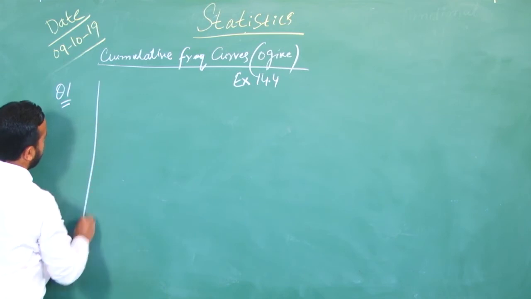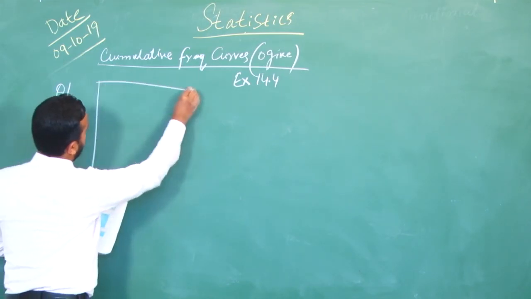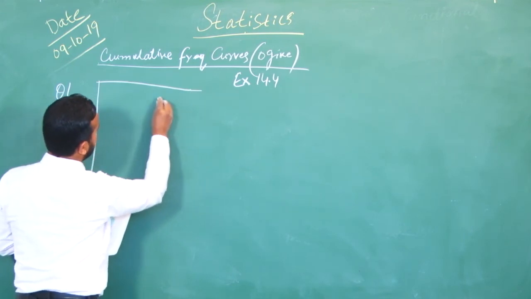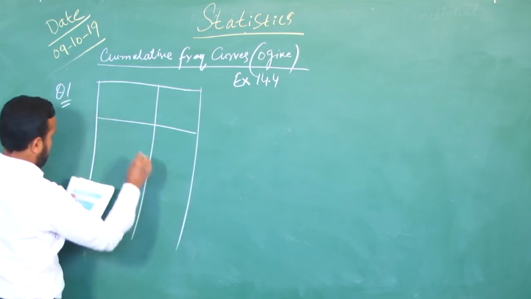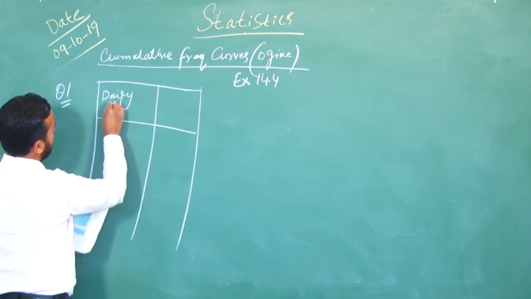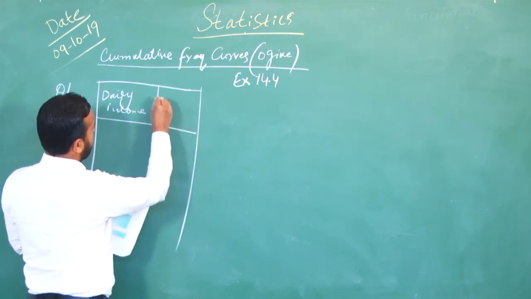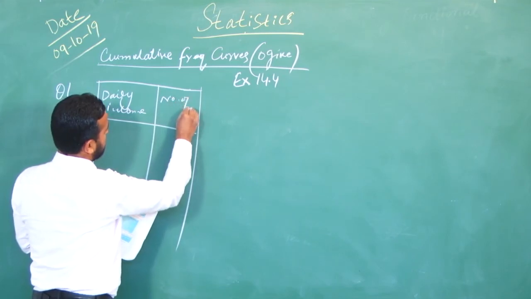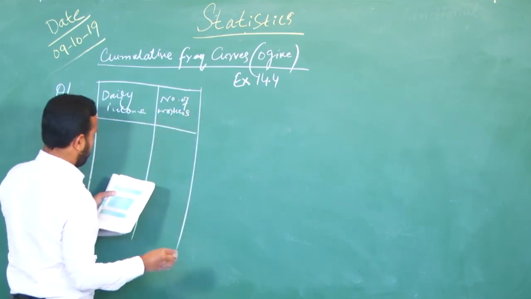Daily income is written there. What are the data values there? That we'll write. Daily income and number of workers.